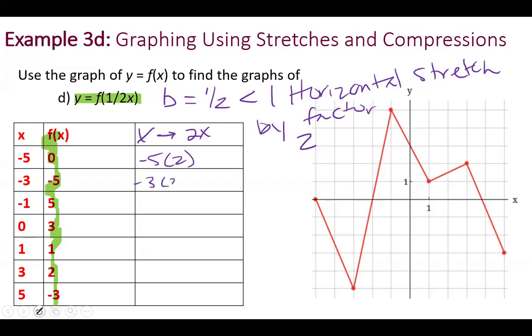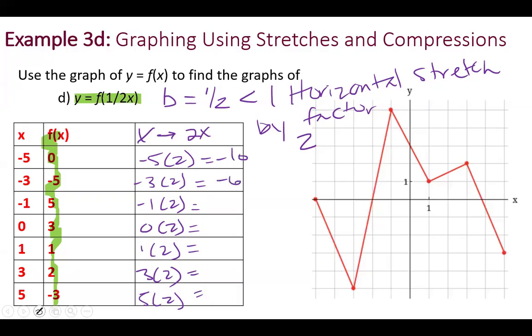We have -3 times 2. We have -1 times 2. We have 0 times 2. We have 1 times 2, 3 times 2, and 5 times 2. Did we get -10, -6, -2, 0, 2, 6, and 10?